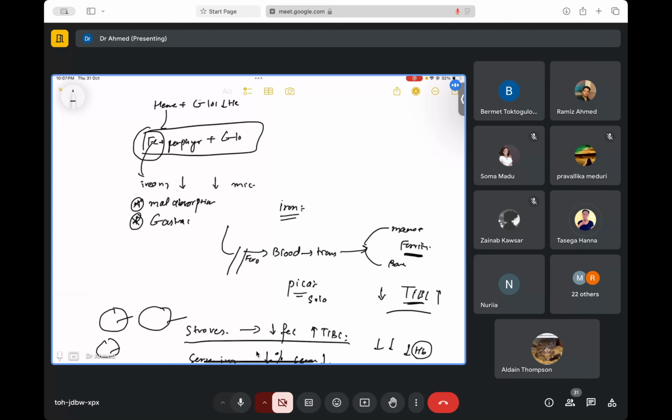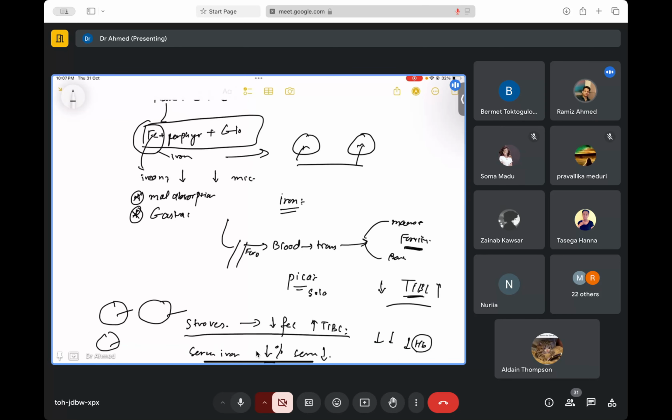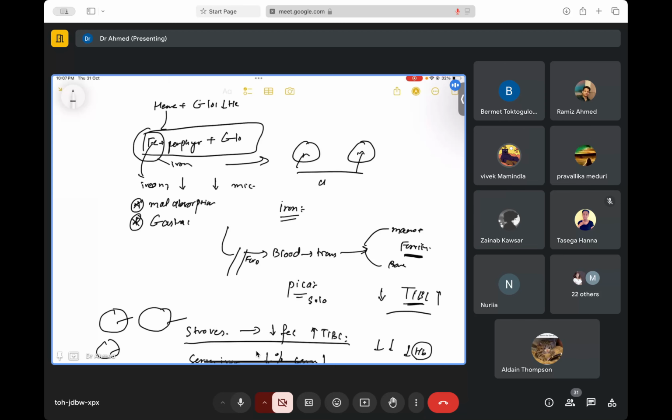Okay, the second condition; this was all about iron. For example, if I have iron but it is being stuck inside your macrophages and inside your bones, what can sequester this iron in these two reservoirs? Anemia of chronic disease. If someone has chronic infections, he is going to produce acute phase reactants, for example hepcidin, and it won't allow this iron to come out into your blood to be used by your bone marrow to make red blood cells.